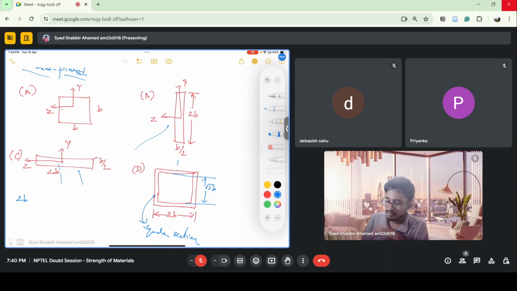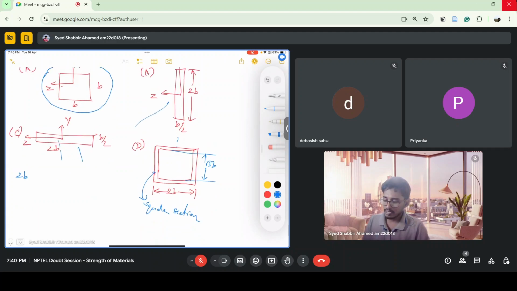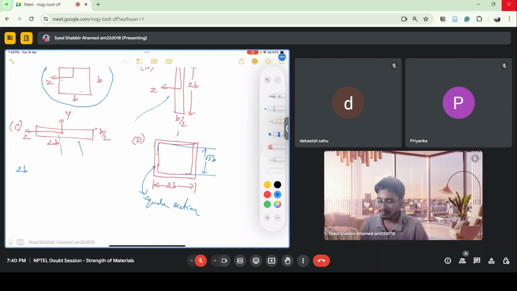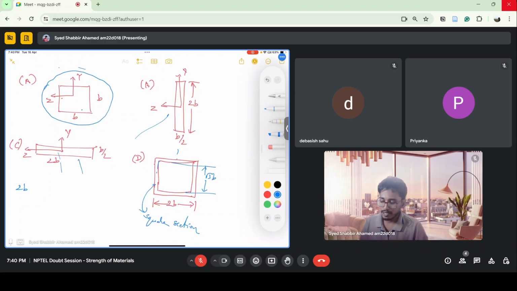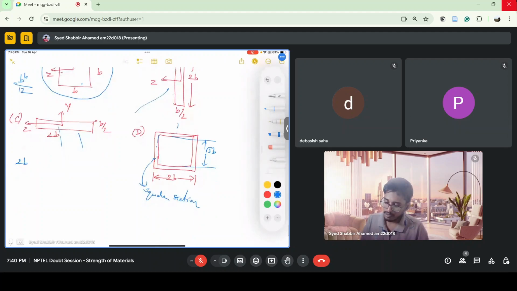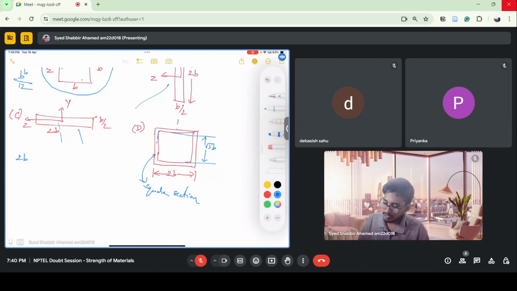So we have to find out all the moments of inertia. If I compare this and this, you can see that the material is farther away from the centroid compared to this. Let's say B into D cube by 12.